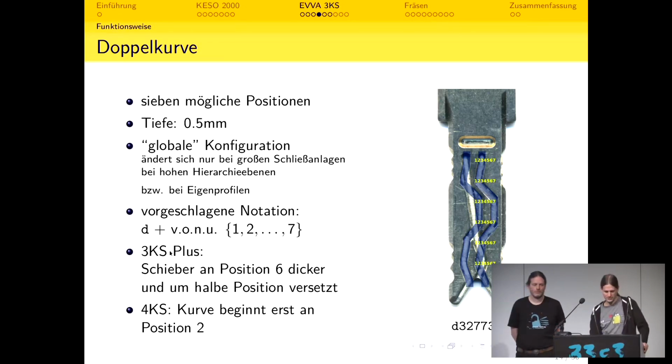And that way they try to keep up that legal copy protection, but to us, the difference in creating keys ourselves is marginal. On 3KS Plus, the position 6 is a bit wider, so a standard 3KS key would not fit in there. Similarly, a 3KS Plus key would not fit into a 3KS lock because there's a ½ millimeter difference.